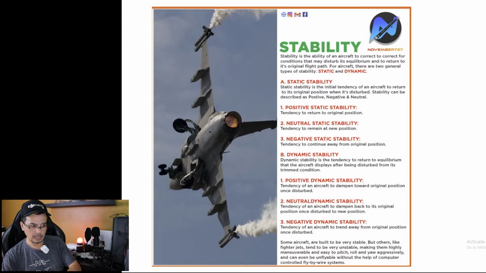So seperti yang saya mention just now, ada statement kat bawah ni, dia kata some aircraft are built to be very, very stable, but others like fighter jets tend to be very unstable. So we design it purposely to be unstable, making them highly maneuverable and easy to pitch, roll, yaw aggressively, and can even be unflyable without the help of computer control, the fly-by-wire system.